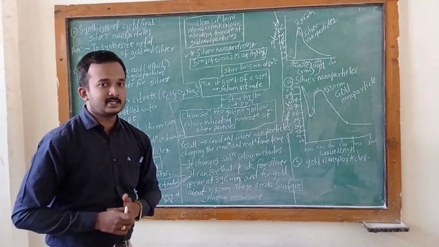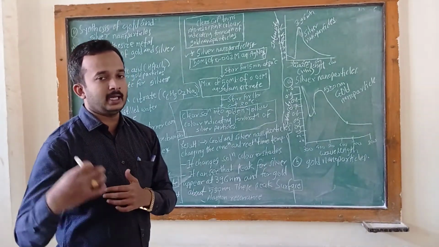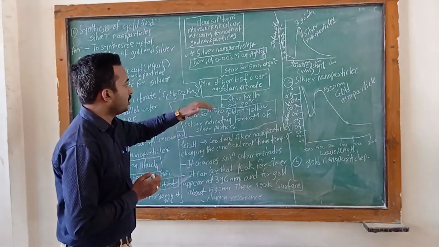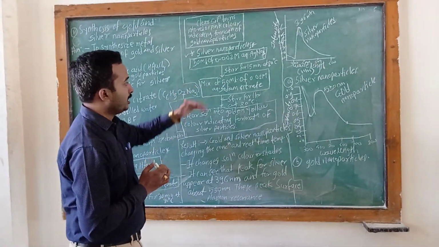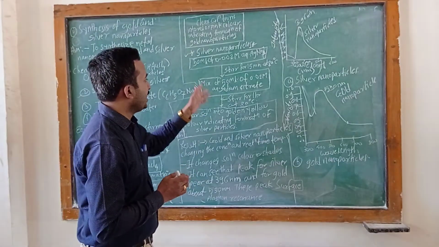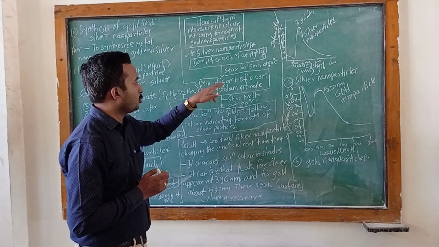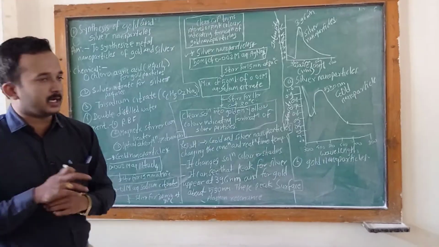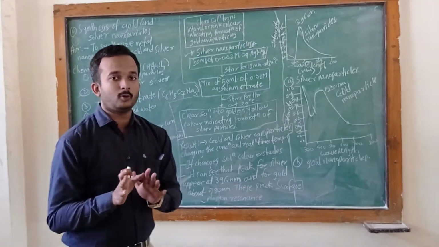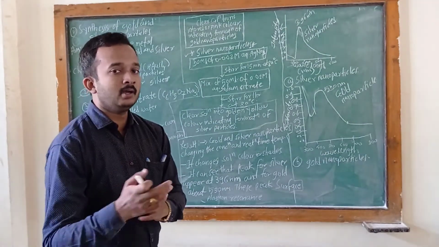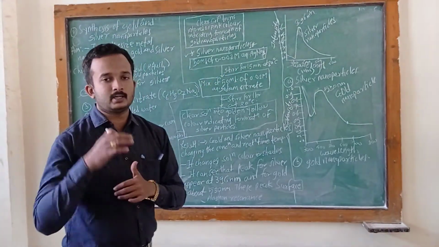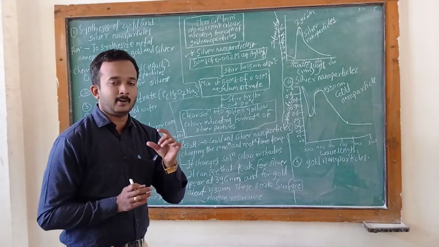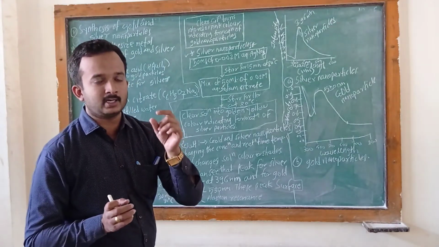After the 50 minutes of stirring at 80 degrees Celsius, you have to add and mix 50 ml of 0.02 molar aqueous sodium citrate solution into the stirring solution.